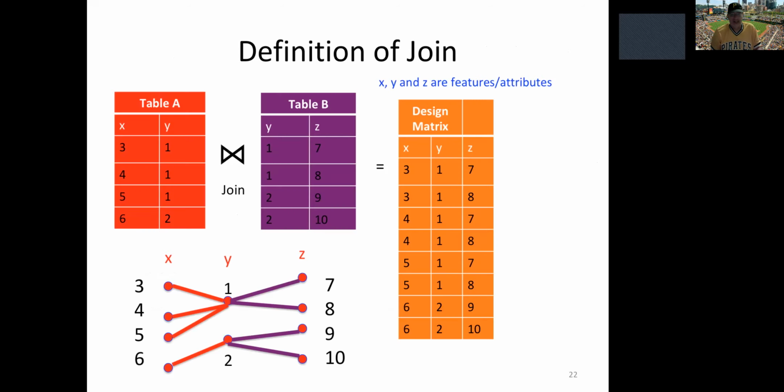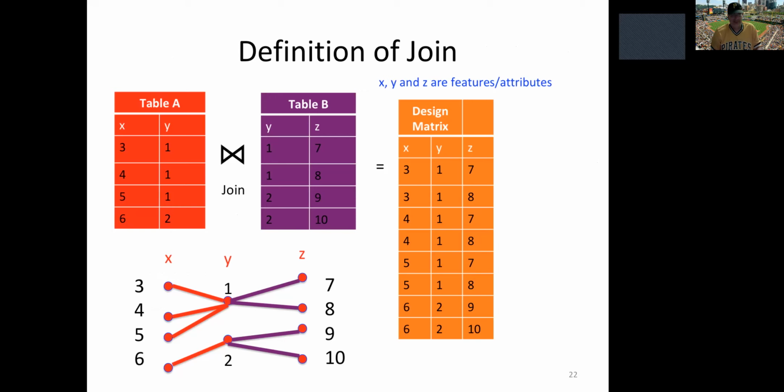So I'm going to define the join of two tables here, and just for simplicity, I'm going to assume that these are two-column tables, and the attributes in the first table are X and Y, and the attributes in the second table are Y and Z, so they share this attribute Y.